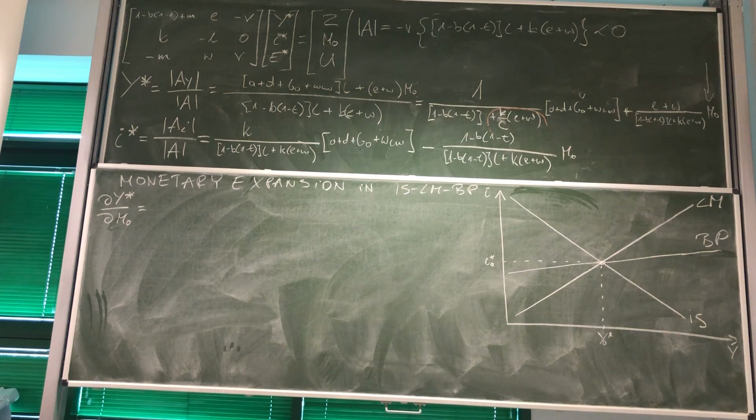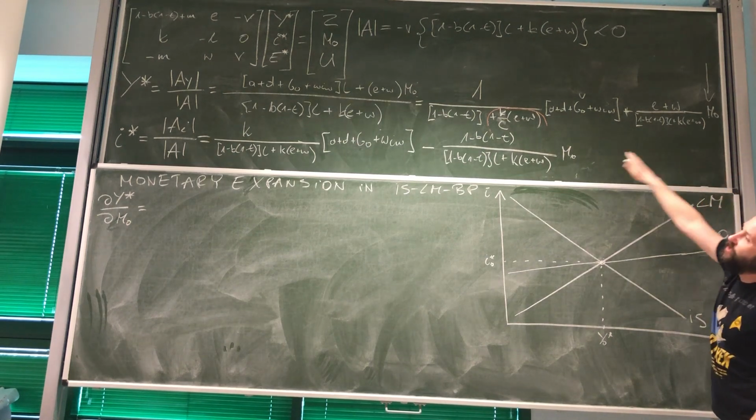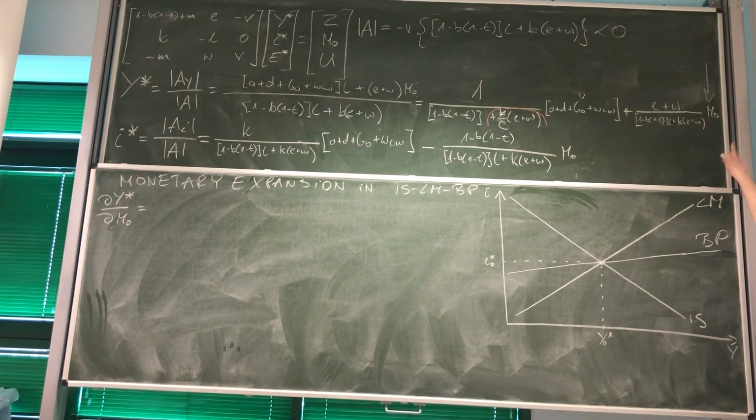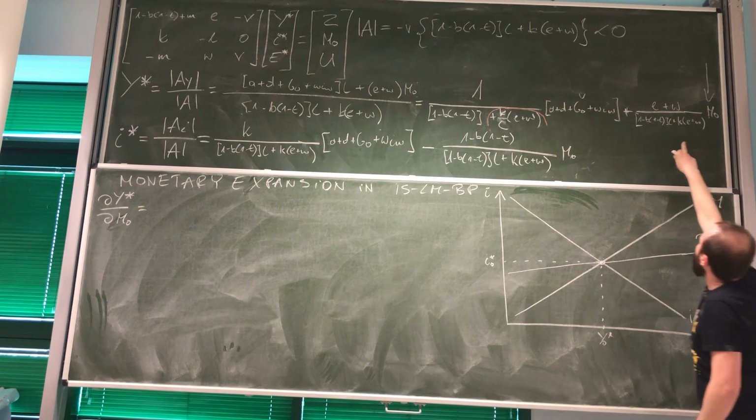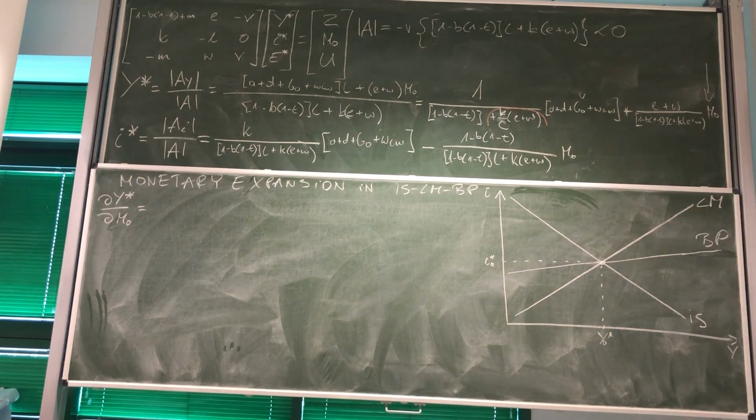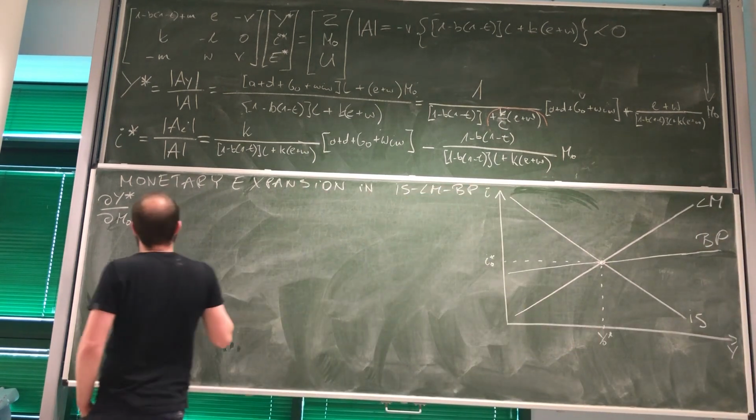And look, if we differentiate this expression with respect to m0, all we've got is this coefficient that you see over here. So calculating the derivative is really straightforward in this case.